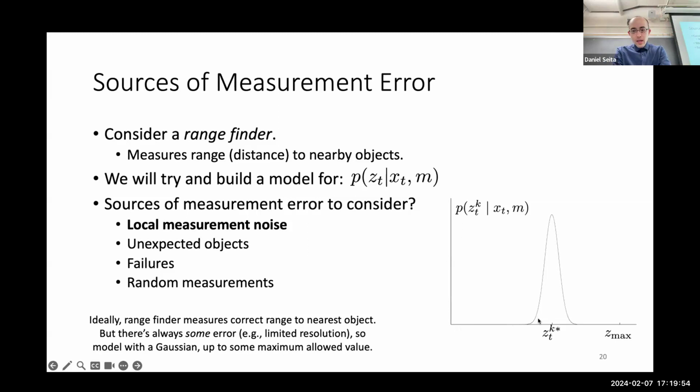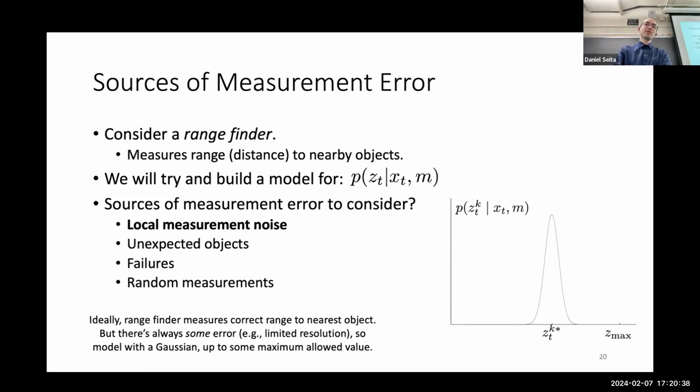So if the true distance that you're measuring is ZTK star, then the distribution here represents the modeling assumption we're making about the density of the actual measurement we would get from our sensor, given that the true underlying value, which we don't directly know, is this.